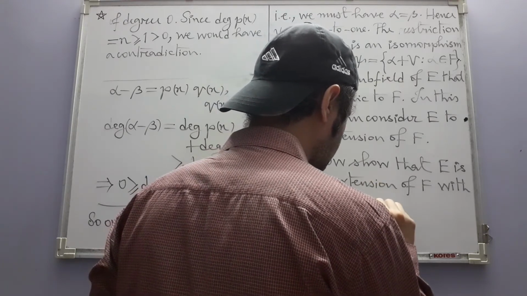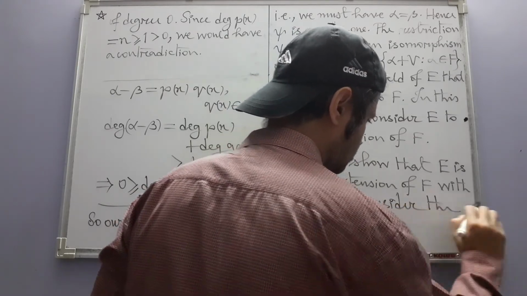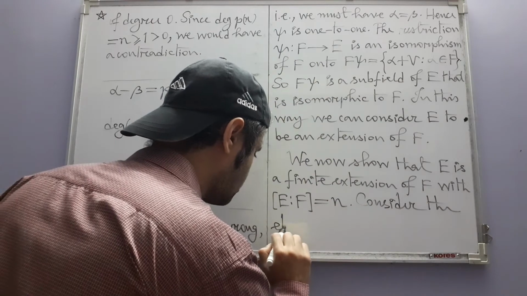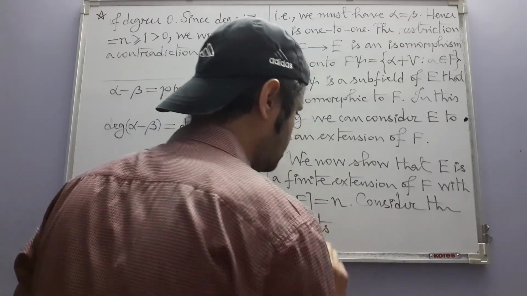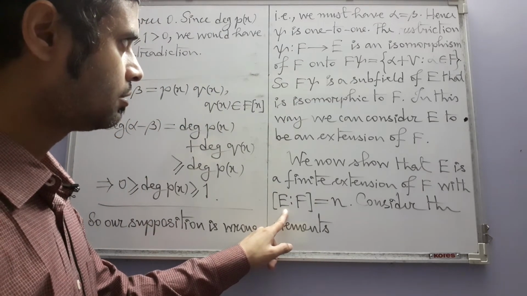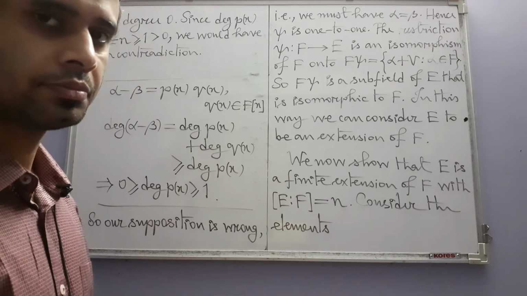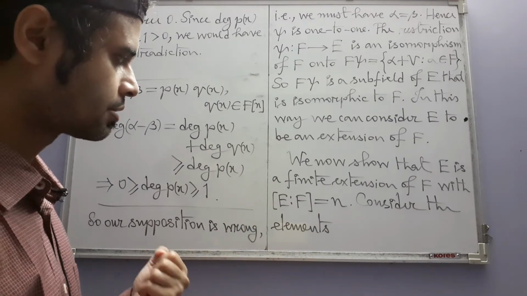Consider the elements. Keep in mind the elements in E are cosets of V in F[x].